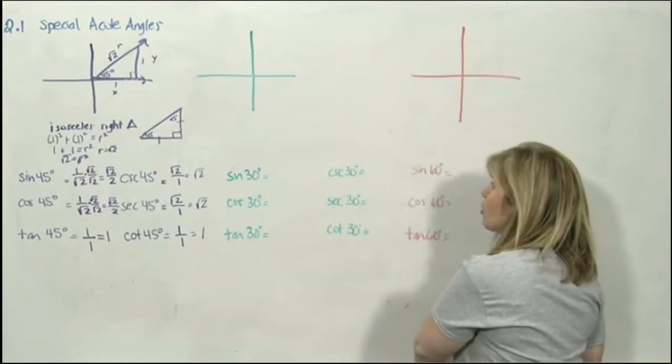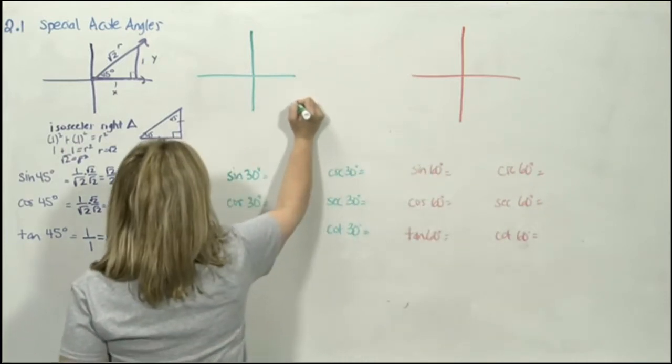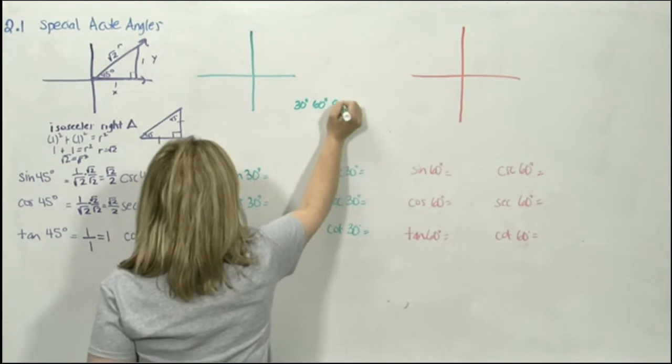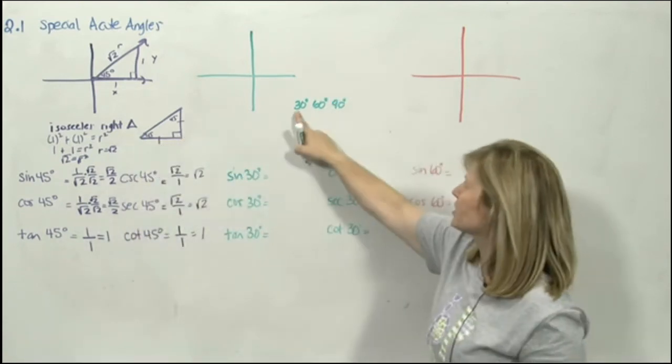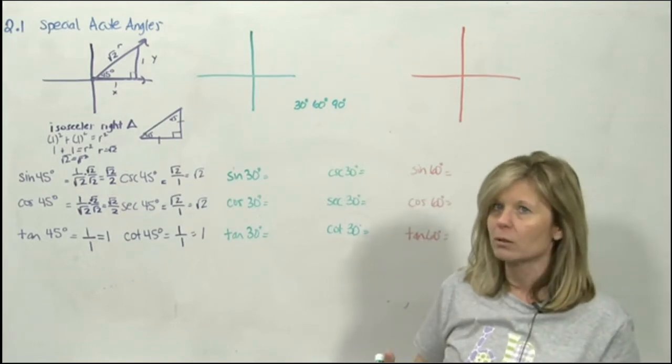Another special right triangle is the 30, 60, 90. In geometry, there was a right triangle that was 30, 60, 90, which meant if the angles were different measures, the sides were not equal.